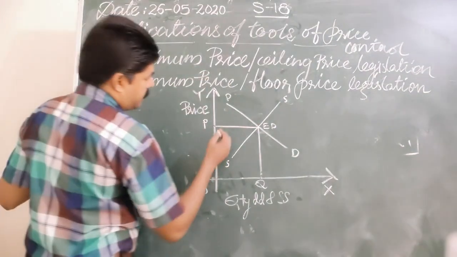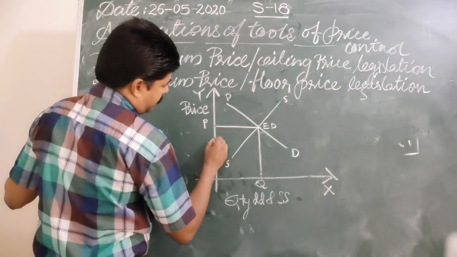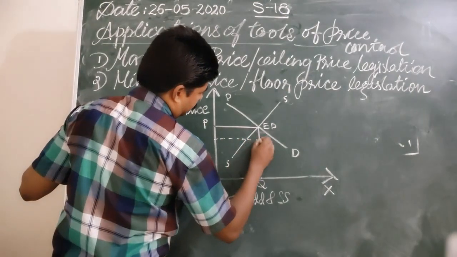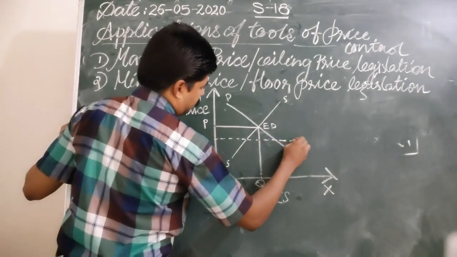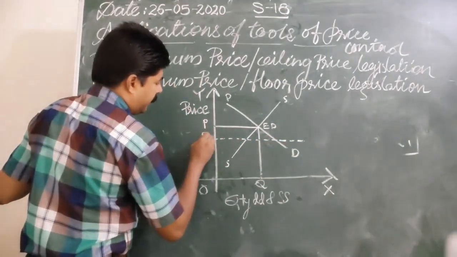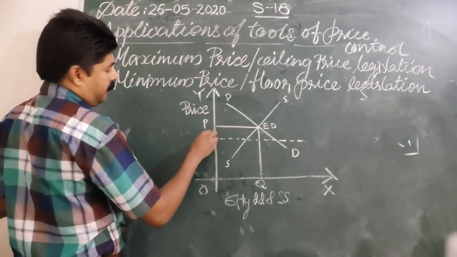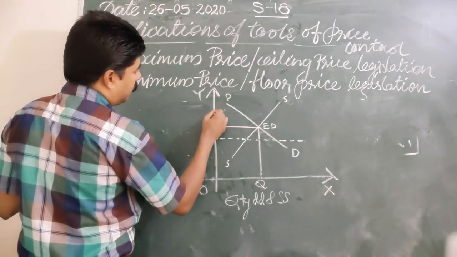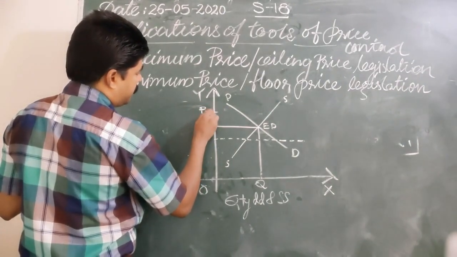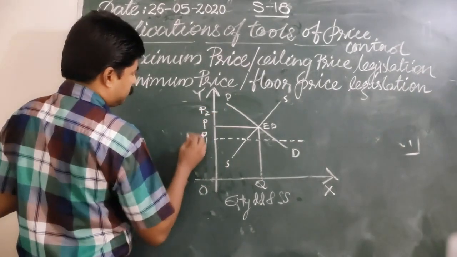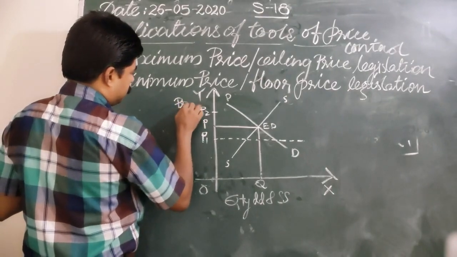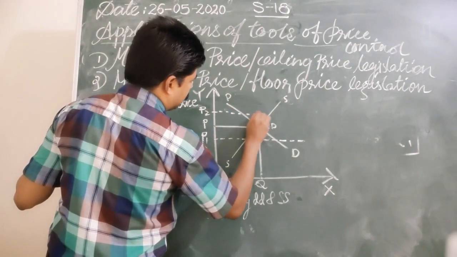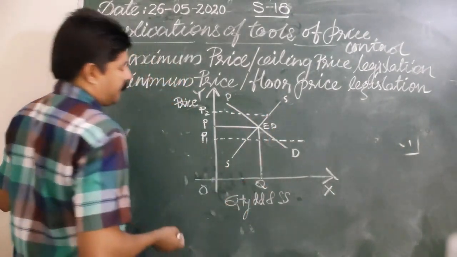Two different prices. This is P1, another is P2.